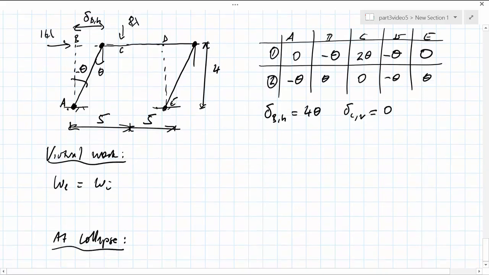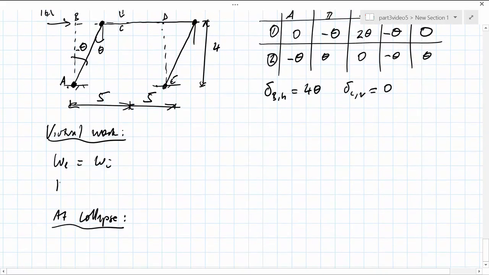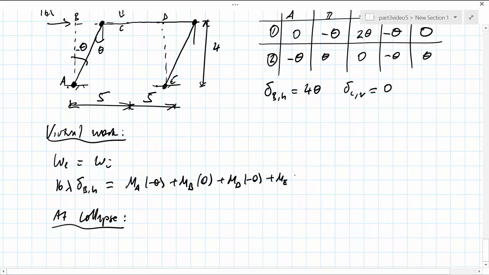Applying virtual work, again, we have 16 lambda times by delta BH, and this time that's equal to MA times minus theta plus MB times by theta plus MD times by minus theta plus ME times by theta.